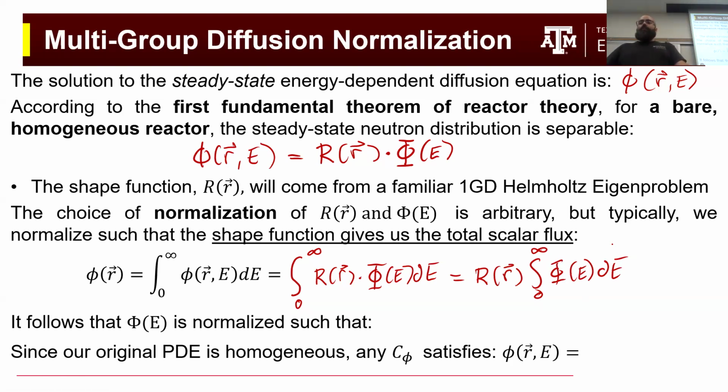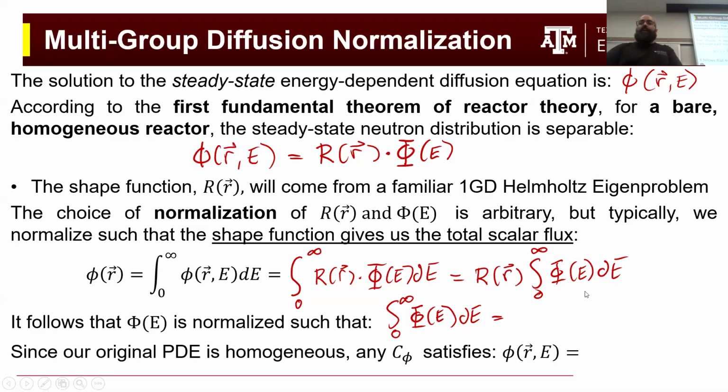So based on our choice of normalization, what does this energy integral have to be? If I were to do 0 to infinity of this energy integral dE, what does it have to equal such that my scalar flux is exactly equal to that space function?